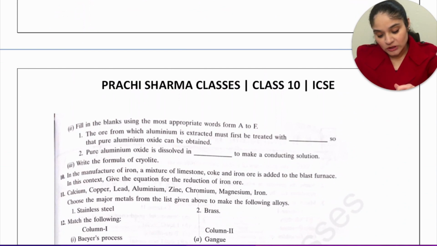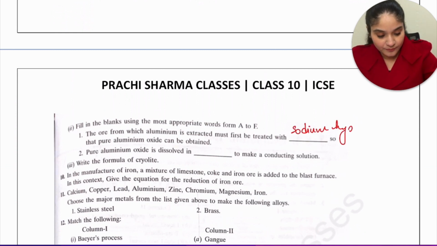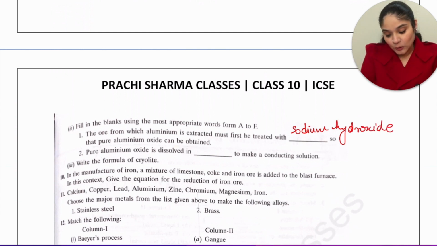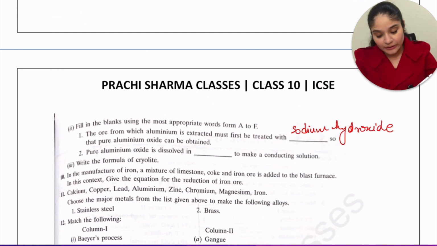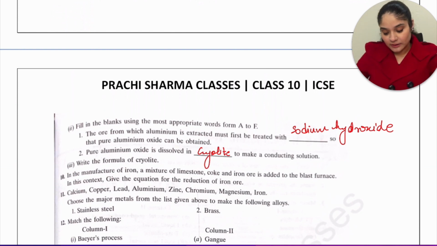The ore from which aluminium is extracted must first be treated with sodium hydroxide solution, so that pure aluminium oxide can be obtained. Pure aluminium oxide is dissolved in cryolite to make a conducting solution.